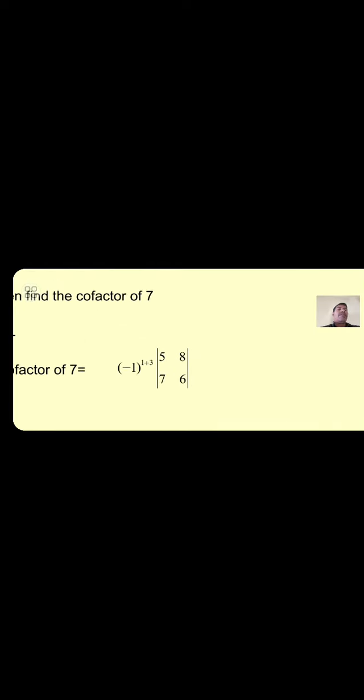So cofactor of 7 equals (-1) to the power 1 plus 3 into the determinant of 5, 8, 7, 6. So plus into 30 minus 56, that equals minus 26.